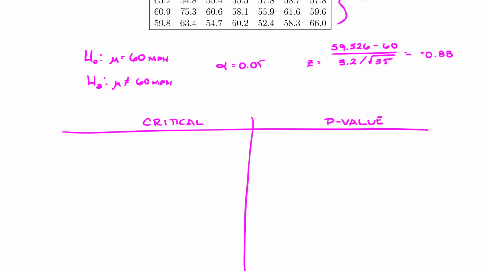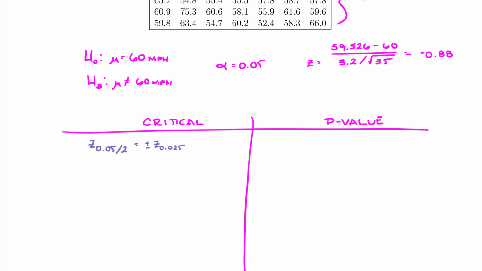All right, so for the critical value approach, it's a two-tailed test. So what we need to do is look at z sub alpha divided by 2. We had alpha over 2. And so that's going to correspond to, if you remember at the beginning of these notes, a test statistic of plus or minus z sub 0.025.